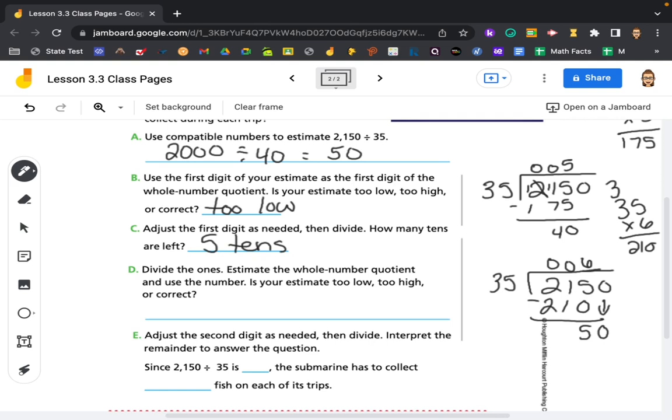Well, 40, 50. So we can make it super simple and just do 35 divided by 35 equals 1. 35.